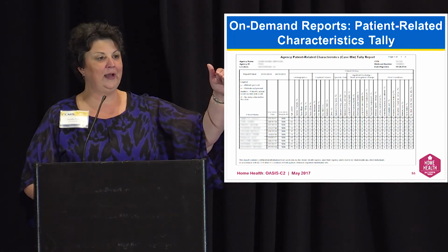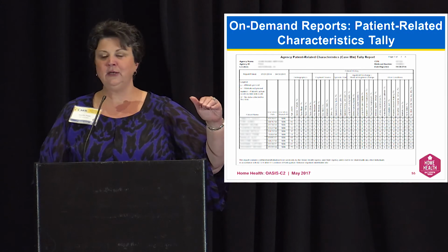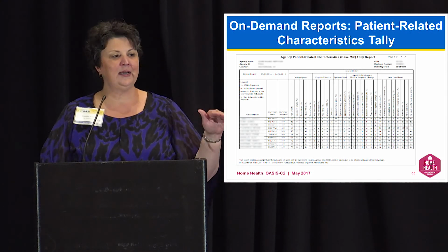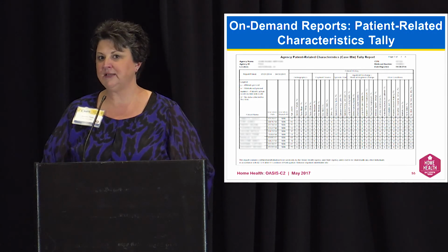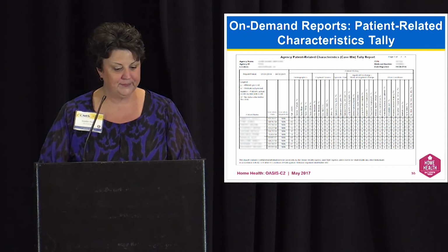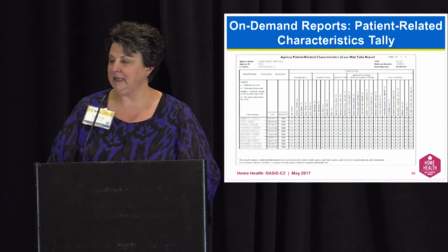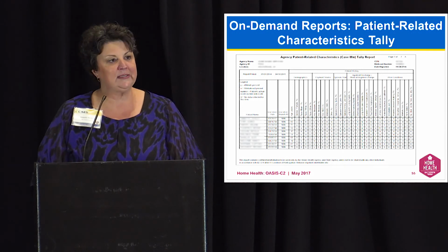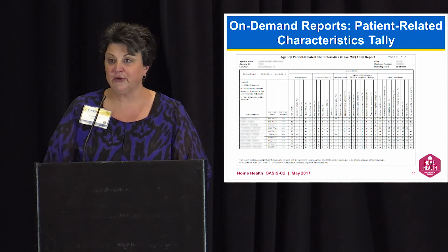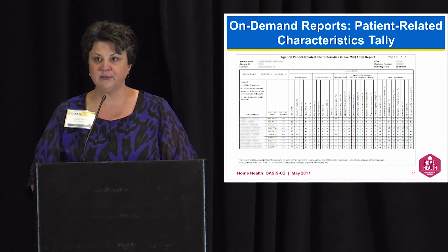So if you have a Y, yes, they had it. An N, no, they definitely didn't. A dash, we don't know. Not enough data to say if they did or not. Numeric results are also going to be available in some of these data cells, and that will be for things like age or pressure ulcer count, so the number of pressure ulcers.